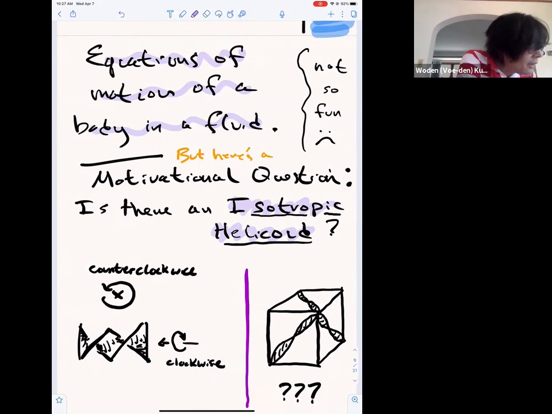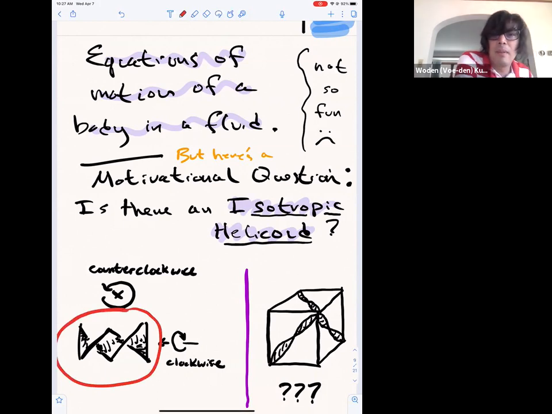If we have a screw, right? So here is our screw or helicoid. This is known to the classical differential geometers, and presumably to a lot of other people, but we forget it all the time.